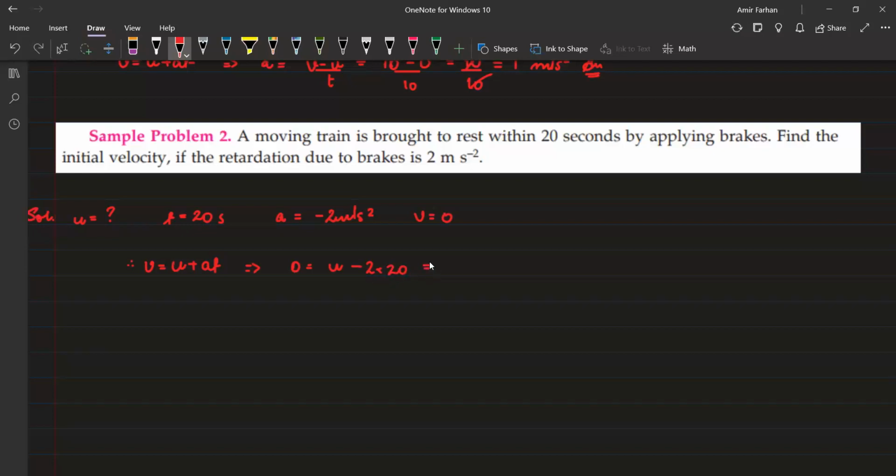So 0 will be equal to U minus 40. So actually U will be equal to 40 meter per second, which will be your answer.